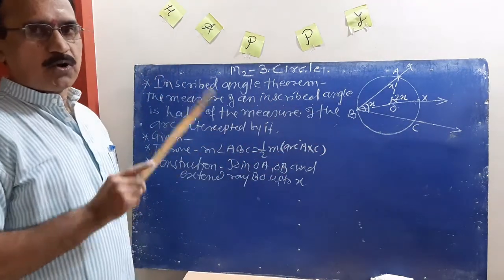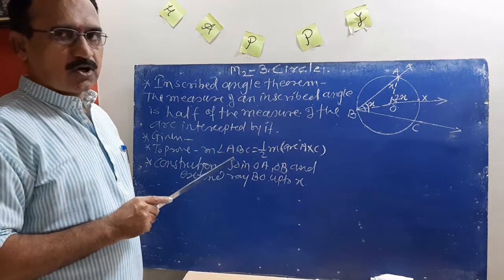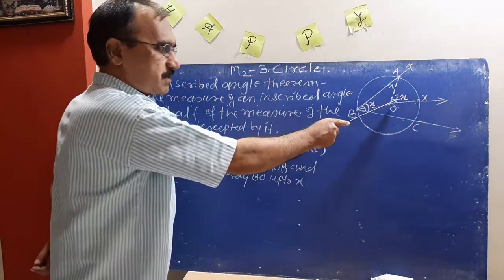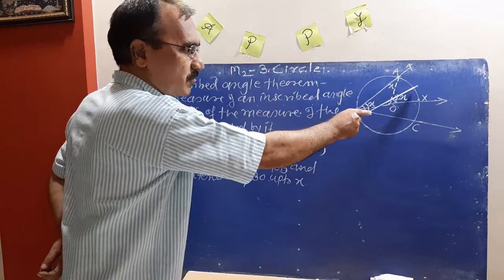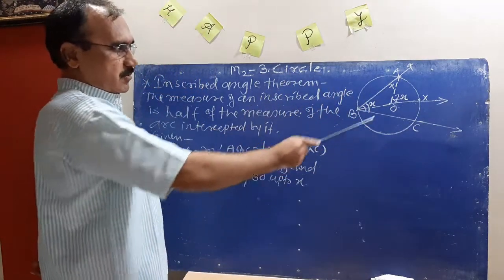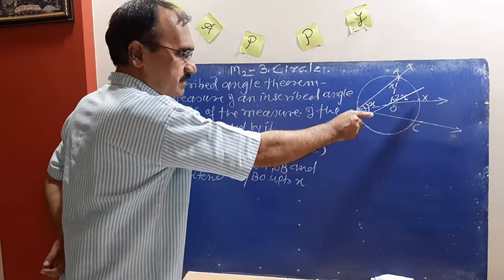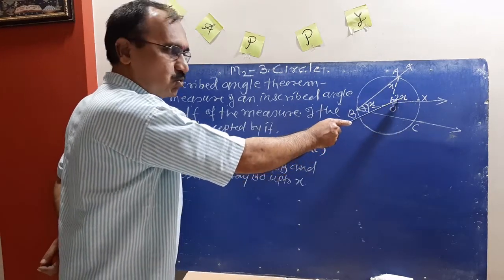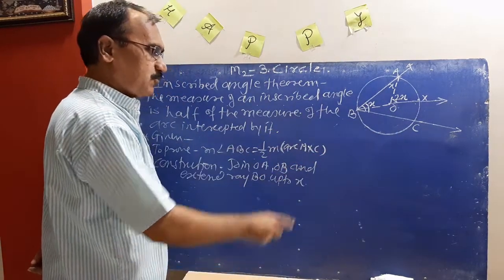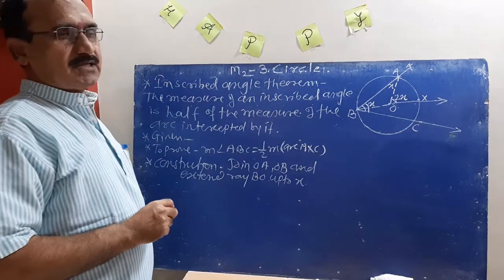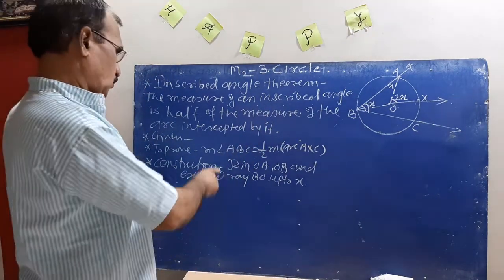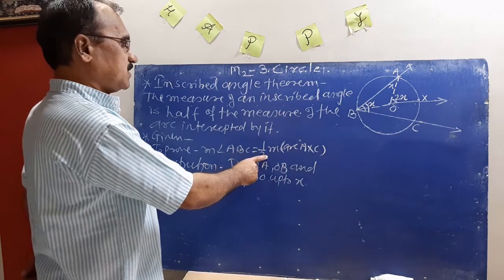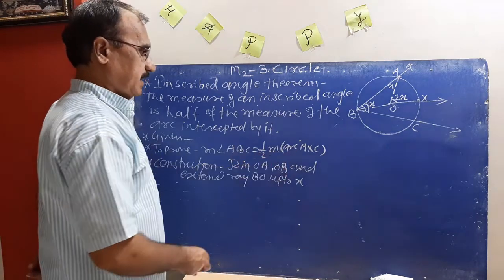Then remember the property of central angle. The measure of a central angle is equal to the measure of its corresponding arc. Means measure of arc AX is also 2x and measure angle AOX is also 2x. With the help of this property and the exterior angle of a triangle, we can prove measure angle ABC is equal to 1/2 measure arc AXC.